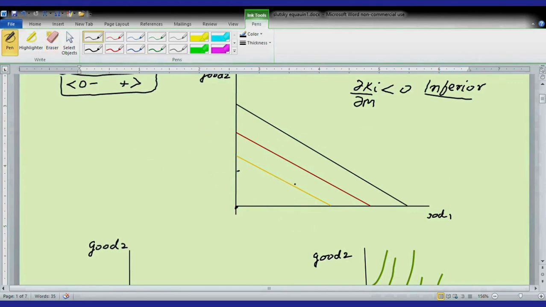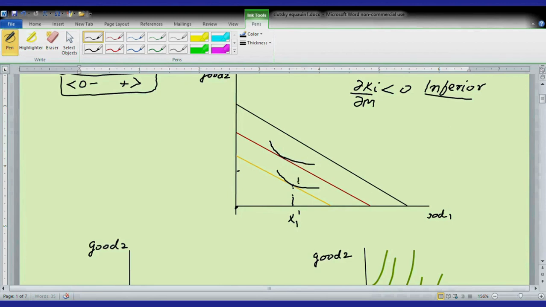Initially, we were at point E1, like here, and consumption of good 1 was at x11 when the income was smaller, and let's suppose that when income increased, we arrived at E2, where now this indifference curve is tangent to the new budget line.